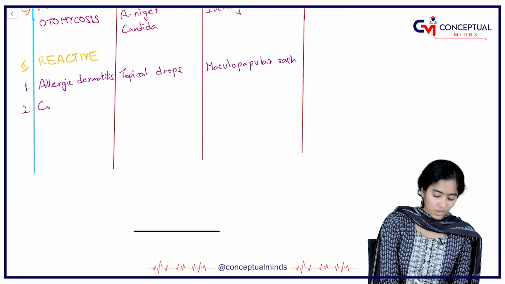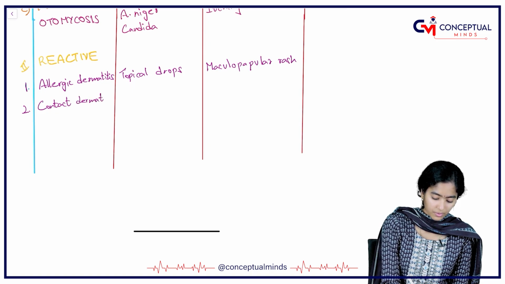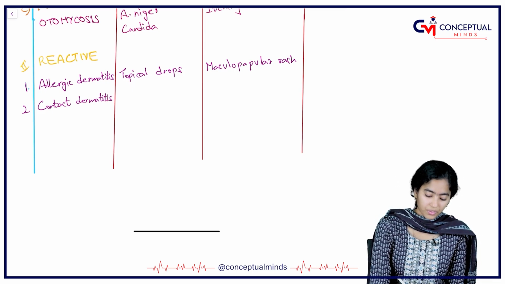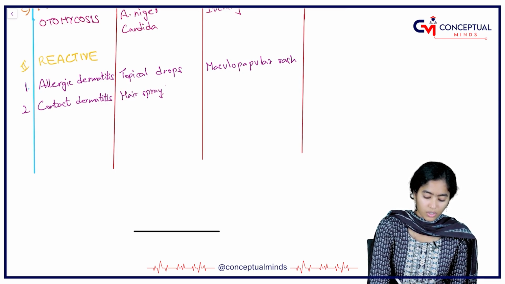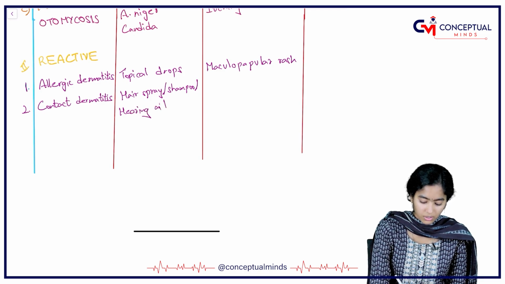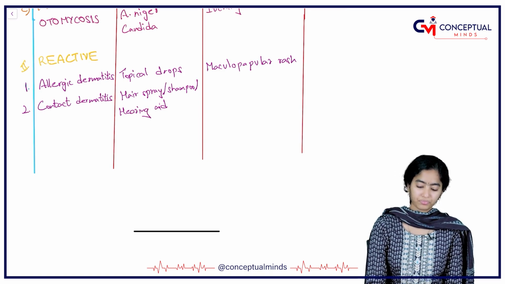Second condition is contact dermatitis. This occurs because of some hairspray or a shampoo or a hearing aid that the patient is using and is not compatible with him.